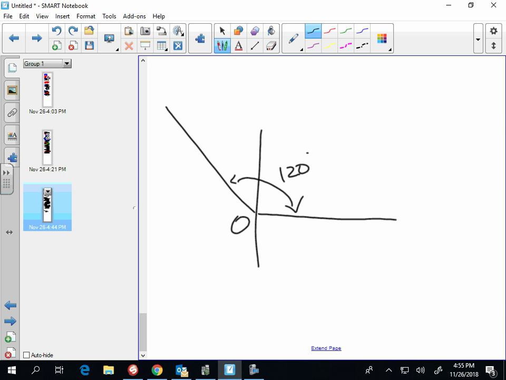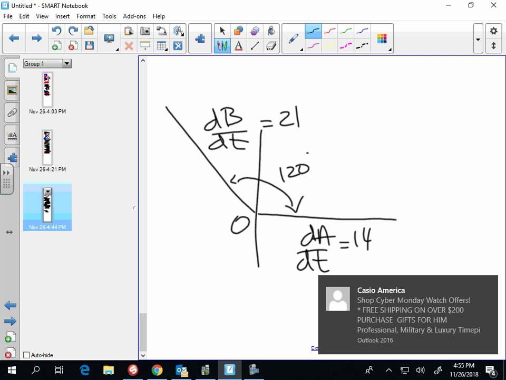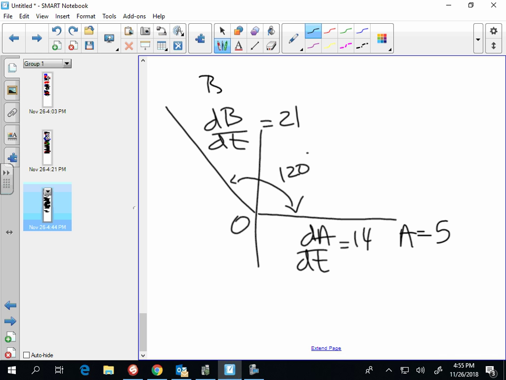Ship A moves at 14 knots, so dA/dt is 14. Ship B moves at 21 knots. How far apart are they when A equals 5 and B equals 3?